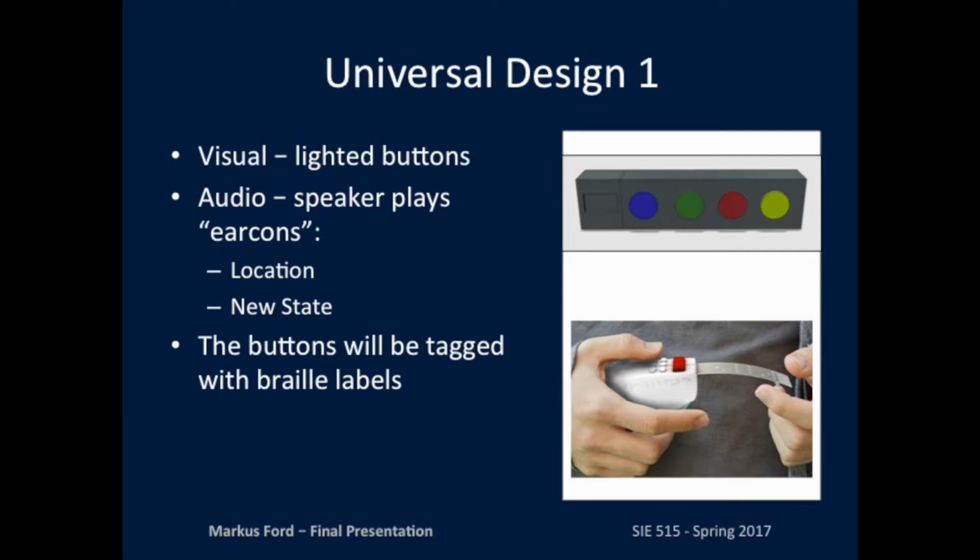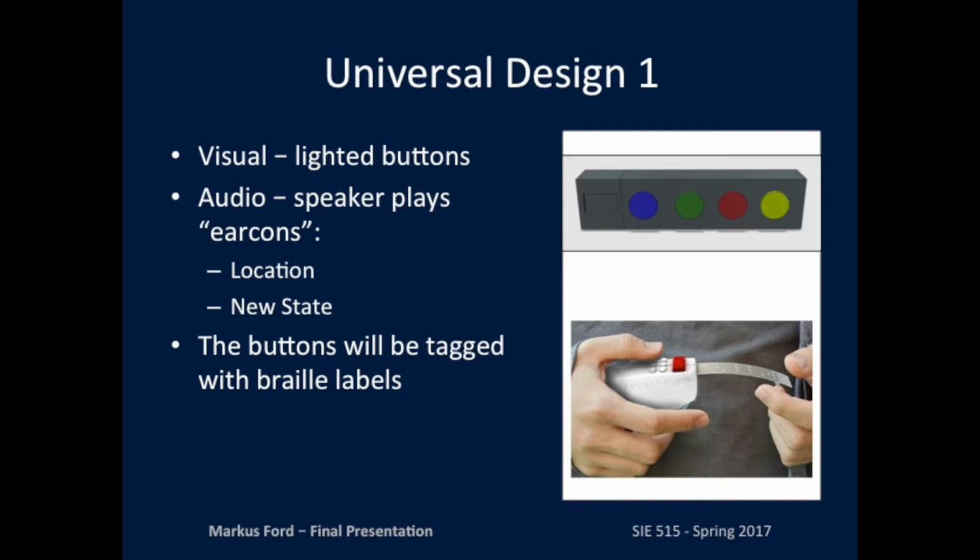There's also an issue that we needed to overcome for folks with visual issues, because we can present them with the audio cues which help them understand what is happening with this system, but we need to also be able to distinguish between the different buttons, because the colors don't really matter in that way.